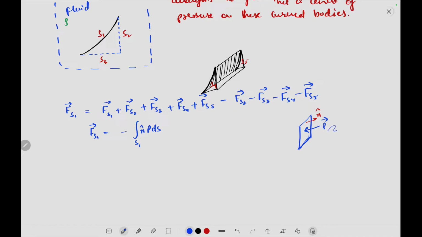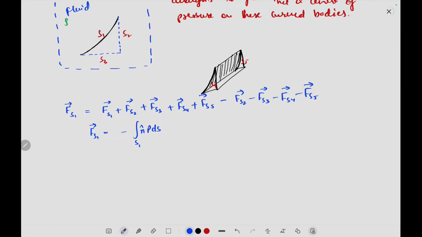The force is acting in the direction of pressure, not in the direction of n hat. So p dS times minus n hat will be the force. The force is acting opposite to n hat. It is going in the direction of pressure and not in the direction of n hat. That's why we have taken the negative sign here.